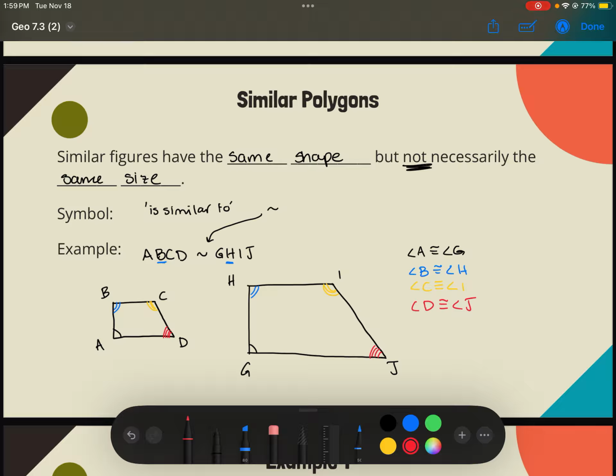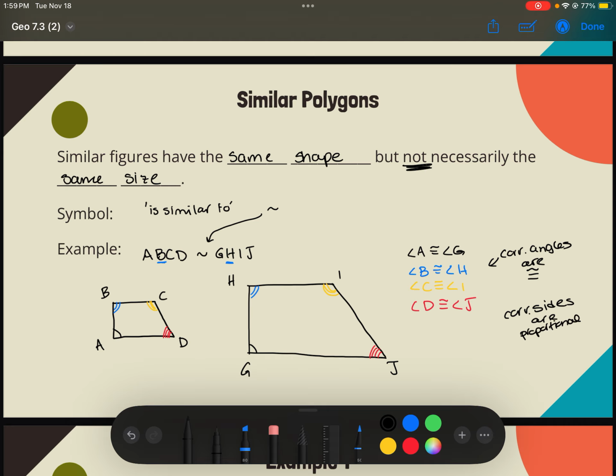All right, so again, in similar figures, corresponding angles are congruent, but the sides are definitely not going to be congruent. Corresponding sides, however, are proportional.